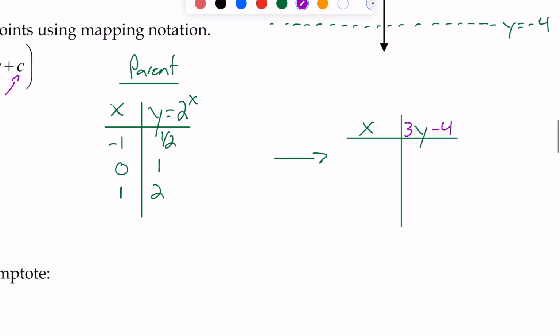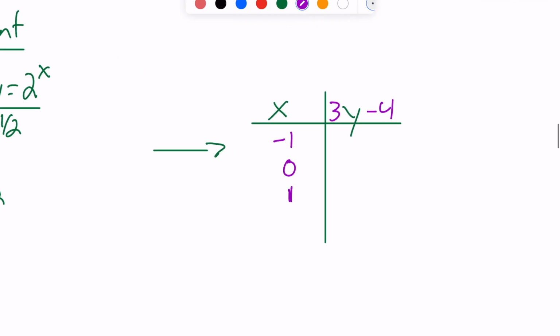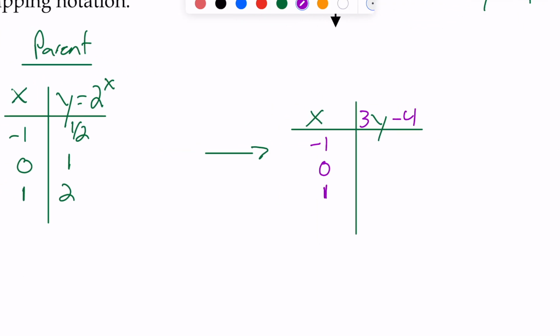So as I said, your x's are the same. So these are still -1, 0, and 1. I'm just taking exactly what I see here. These ones are going to get transformed. So your new y coordinate happens when I take 3 and I multiply my previous y, which was 1/2, and then I subtract 4.